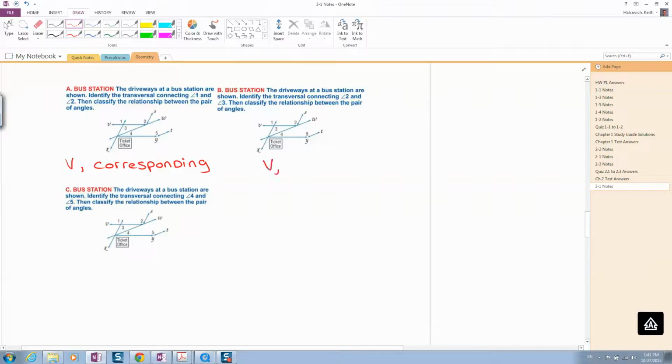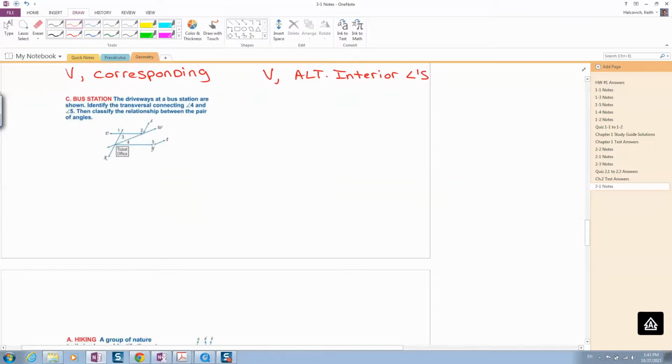The transversal is V, but they're alternate interior angles. And then for C, 4 and 5 are right here, so the transversal is Y, and they are consecutive interior.